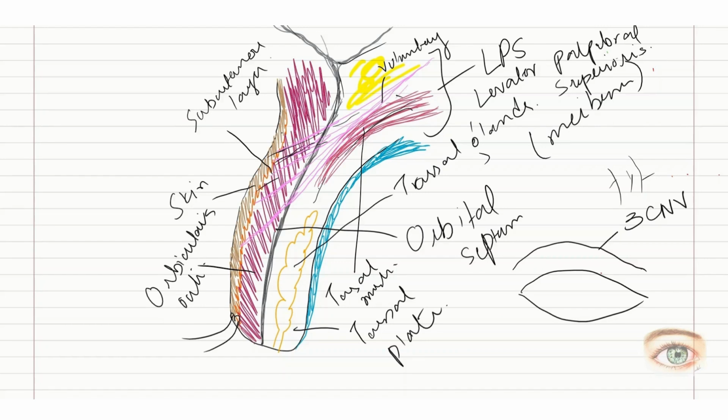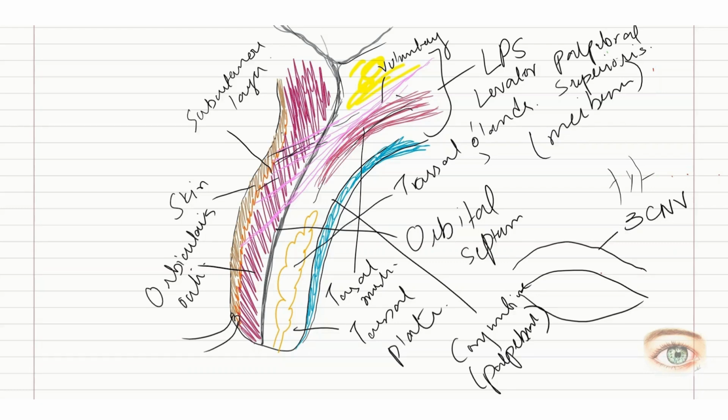Now, what is this layer? You may not count this layer into the eyelid, but because it adheres to its posterior surface, that's why we count it as a sixth layer. So this is the conjunctiva. And being more precise, this is the palpebral conjunctiva, which adheres to the posterior surface of the eyelid, right?